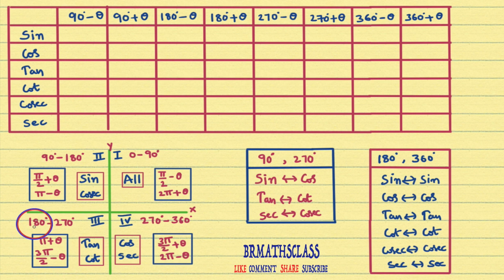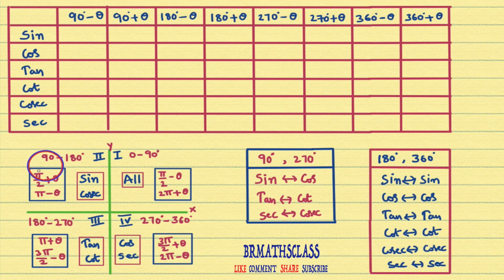So, pi plus theta, 3 pi by 2 minus theta lies in third quadrant. Fourth quadrant, 3 pi by 2 plus theta. 3 pi by 2 means 270. Theta is acute angle. 3 pi by 2 plus theta is an angle which is slightly greater than 270 degrees, which will be in fourth quadrant only. 2 pi minus theta. Pi means 180 degrees. 2 into 180 degrees is 360. 360 minus theta lies in fourth quadrant.